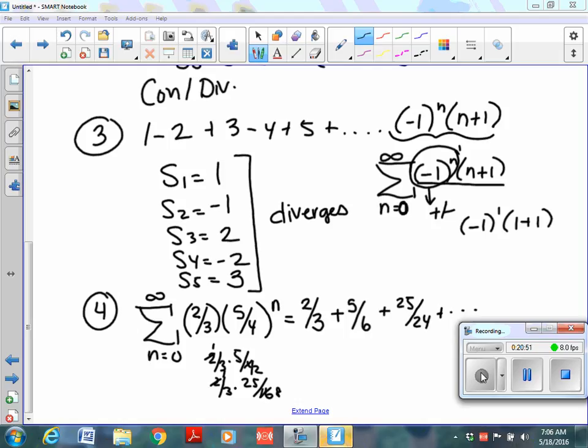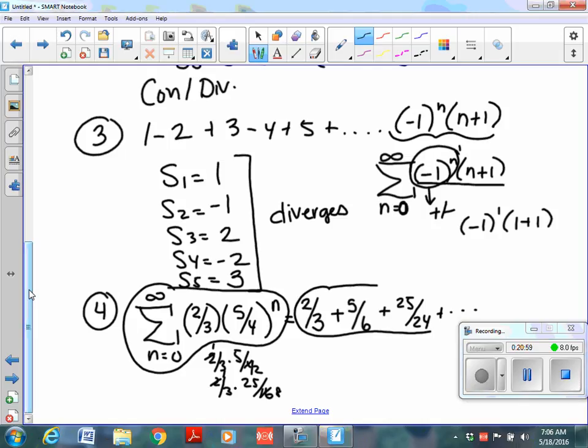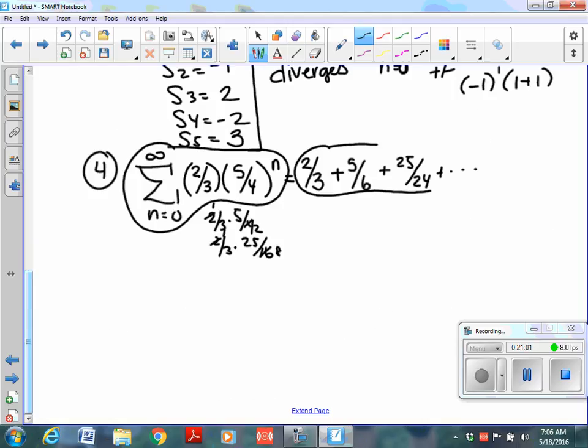So, again, this is the sigma form of the series, this is the expanded form, and we're going to check to see if the expanded form is convergent or divergent. I could do the partial sum, but I'm not going to. I'm looking at this, and I can figure out the r.